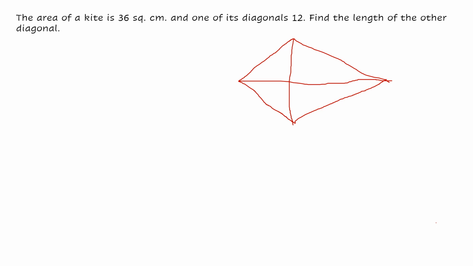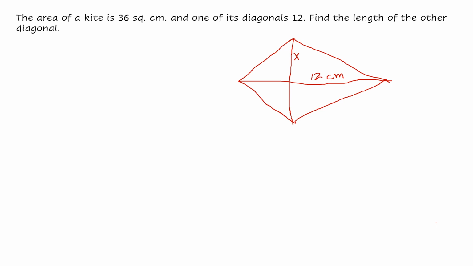And one of the diagonals is 12, but we do not know which diagonal is 12 centimeters. So let's just assume that this one is the 12 centimeter diagonal. So we do not know the length of the other diagonal. Let's just represent it with x.